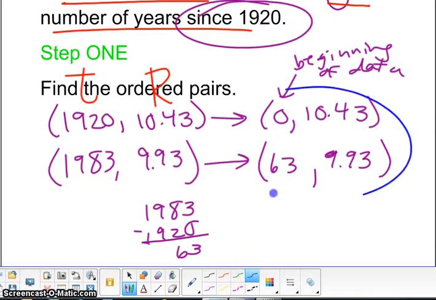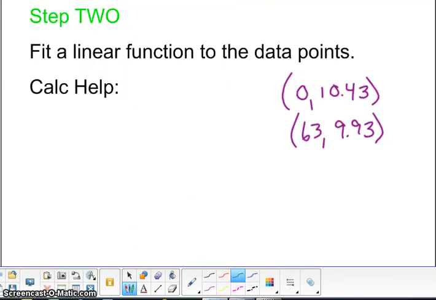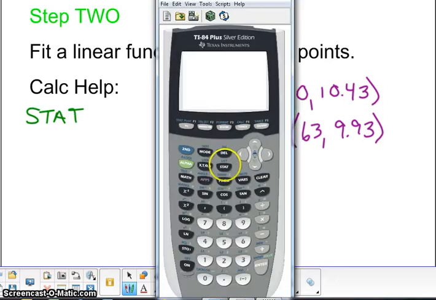Okay. So once you have that established, now we can go ahead and find a linear function that fits the data. At this time, go ahead and get your calculator turned on and go to Stat. And I'll show you at the same time here. Go to Stat, and it should look like that. And then under Edit, we're going to push Enter. And then you're going to get list 1 and list 2.